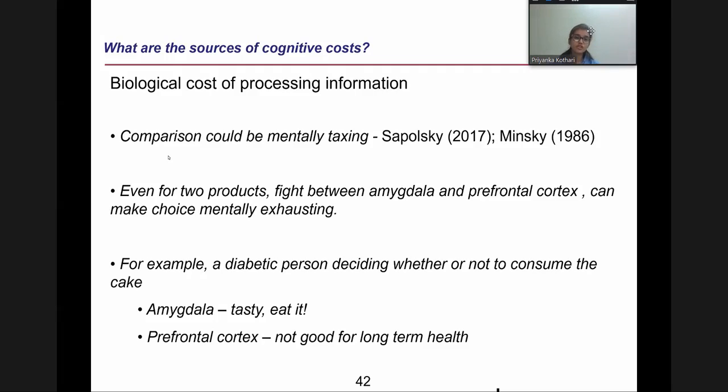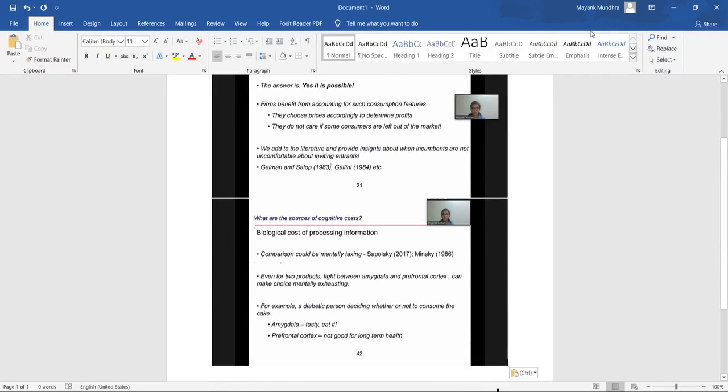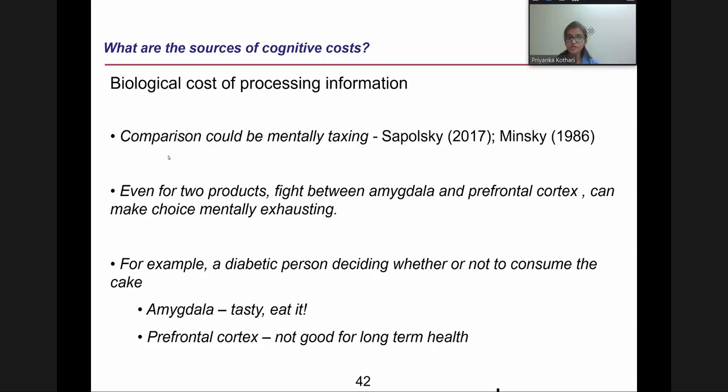The biological cost comes mostly from the processing of information, and they say that comparisons can be mentally taxing. Even when the choices are binary, it can be taxing, let alone when we have n number of choices. Suppose there is a diabetic person who has just two choices. There is a cake lying in front of him and he has to choose whether to eat it or not.